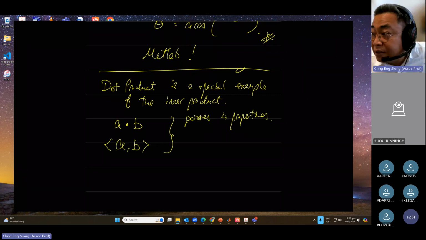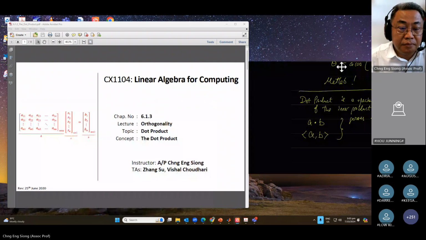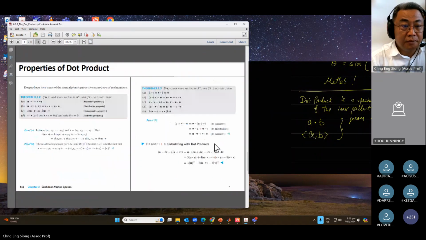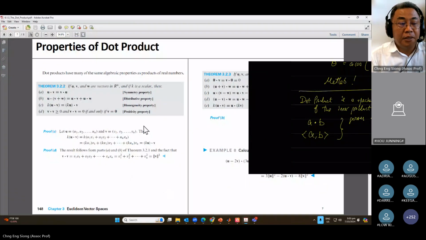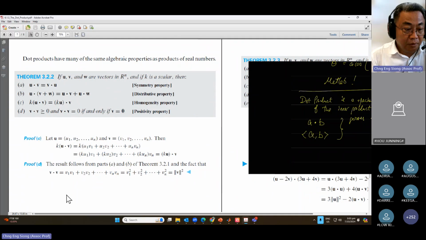It is at 6.1.3. Let me open up the slide. It is on page 7. To be called a valid inner product or dot product, it must satisfy these four properties. And you realize that the dot product we have defined satisfies all four, and therefore it is a valid inner product.